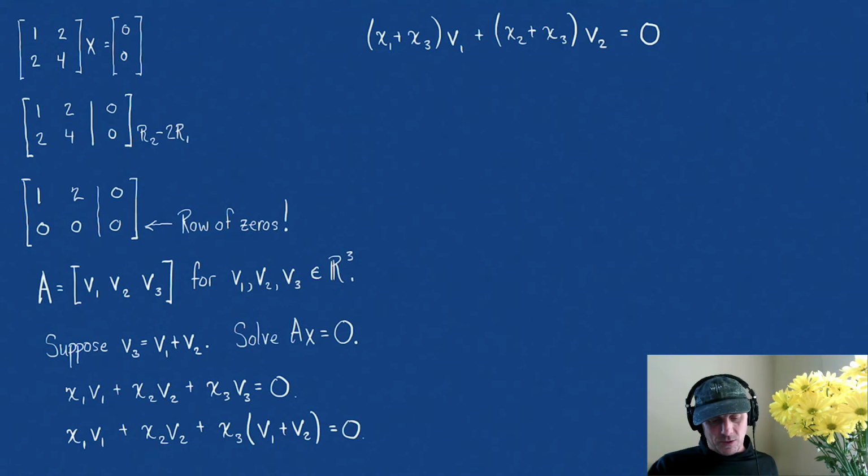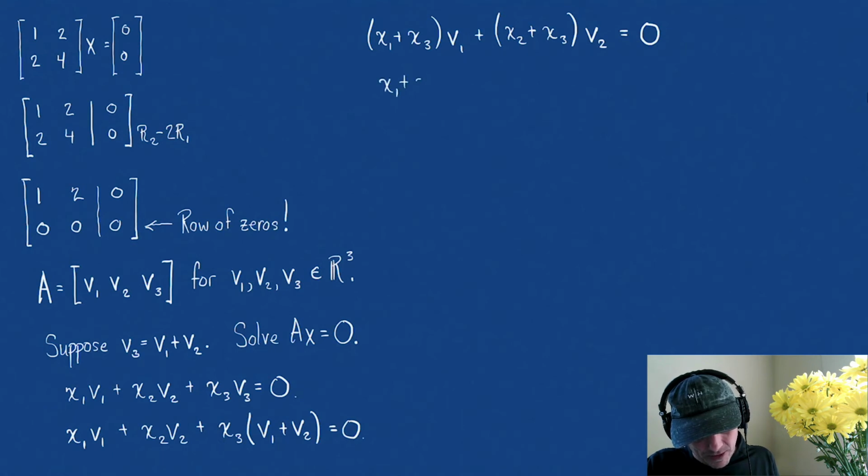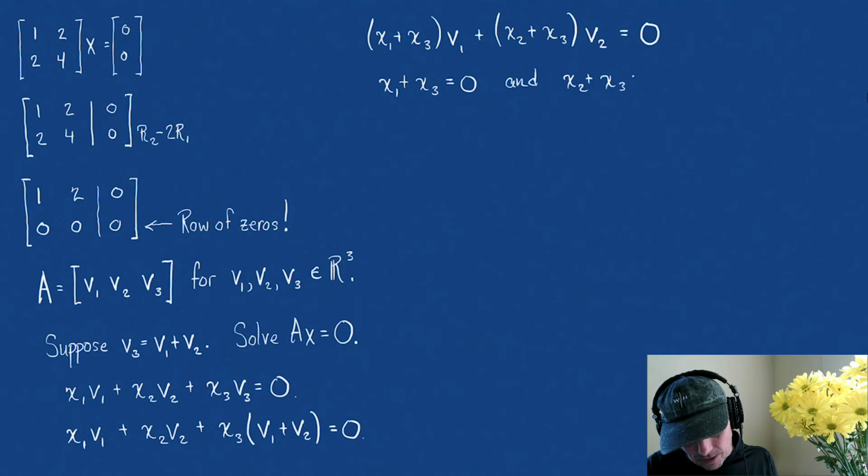How in the world would that happen? It's going to happen when x1 plus x3 is 0, and also when x2 plus x3 is 0. Notice x3 is common, so let's solve for the dependent variables: x1 is minus x3, and x2 is also minus x3.